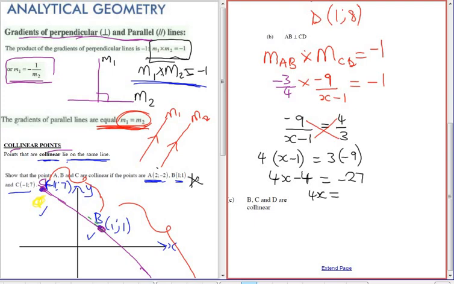So I'm going to say your 4x is going to be equal to negative 23, and in this particular situation, your x is negative 23 over 4. Well, that is a value that you got. If these lines were perpendicular, we were going to get the x value as negative 23 over 4.